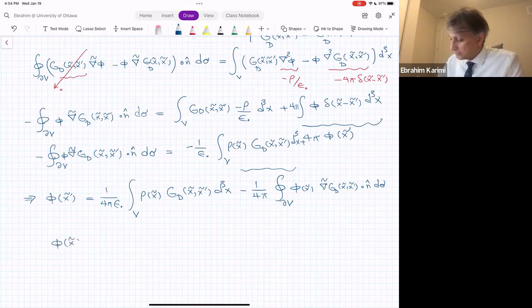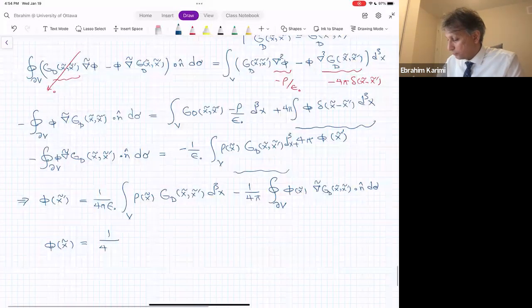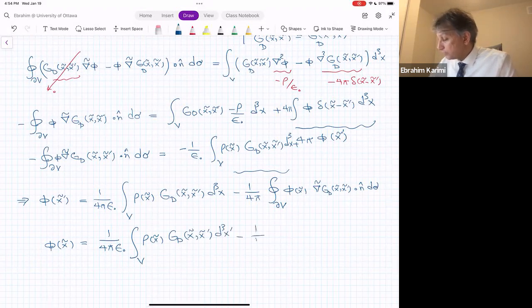Phi of x is equal to 1 divided by 4 pi epsilon naught integral of rho of x prime GD of x and x prime d3 of x prime, minus 1 divided by 4 pi integral of phi of x prime times the derivative of GD of x and x prime with respect to n prime, d2 of x prime.